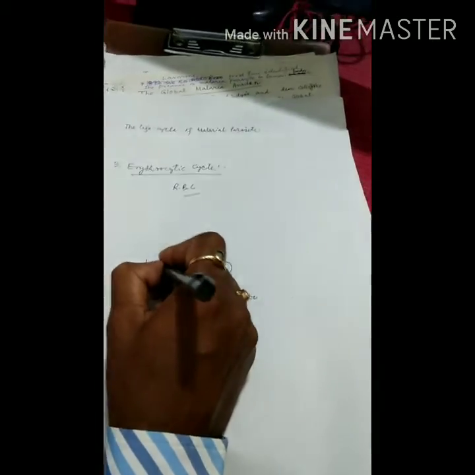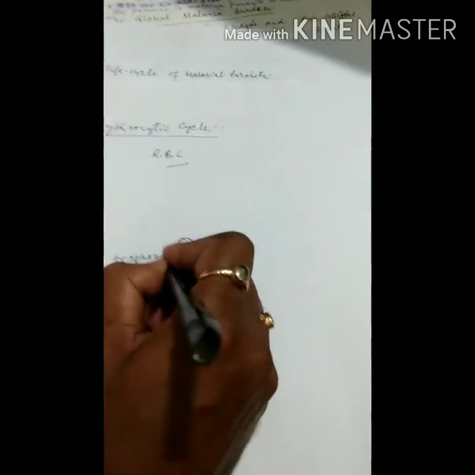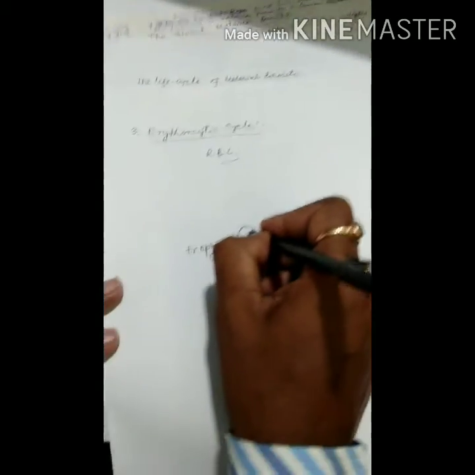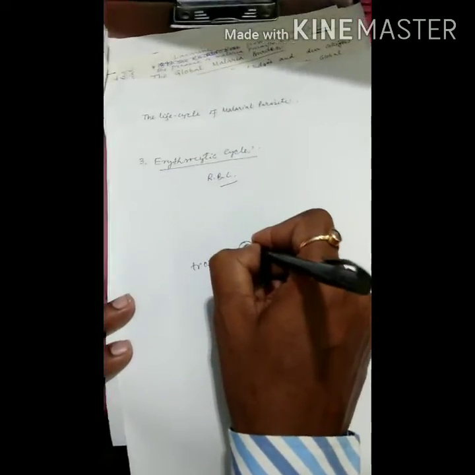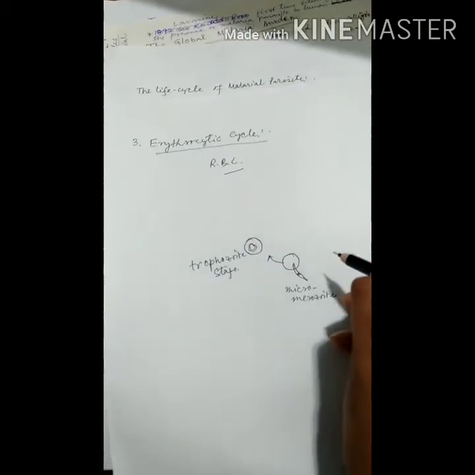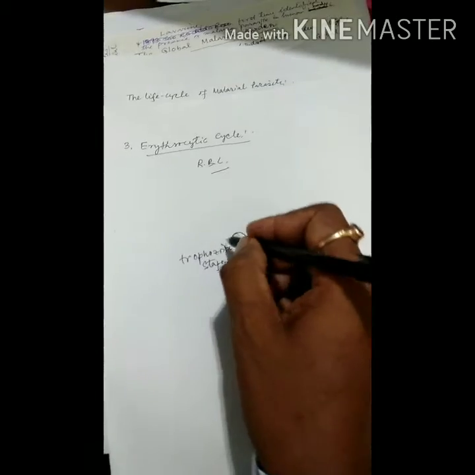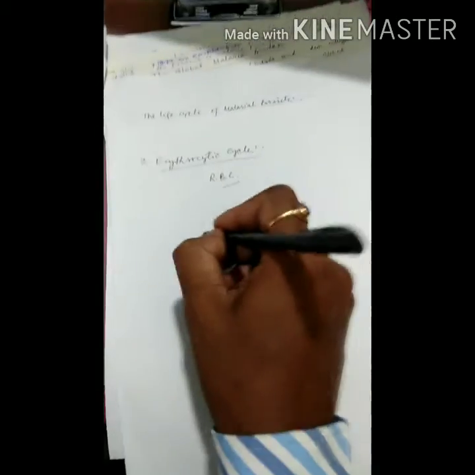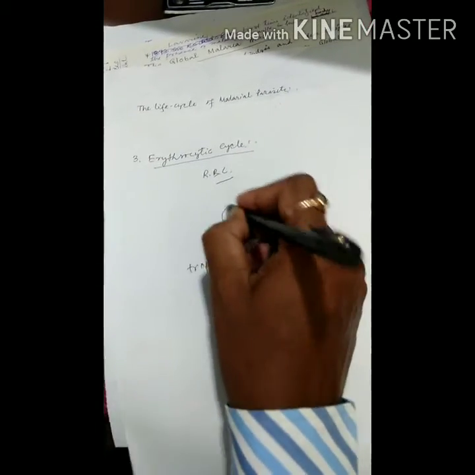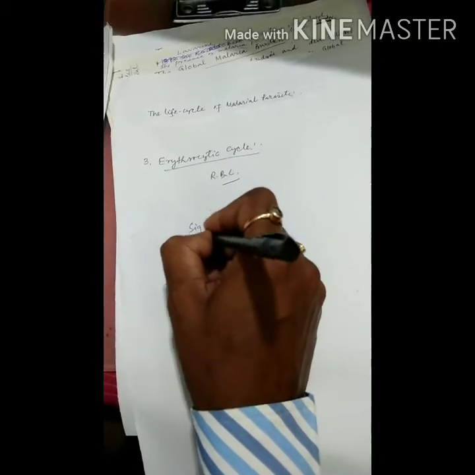The trophozoite stage is a ring-like structure. The nucleus takes part at the end of the ring, and then it is transformed into the signet ring stage.